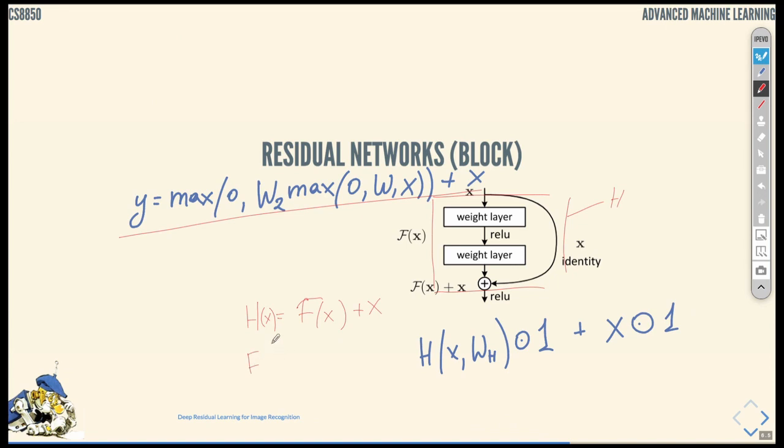Then our f of x is learning to represent the residual. I think it is a pretty story or a good anecdote to sell the model.